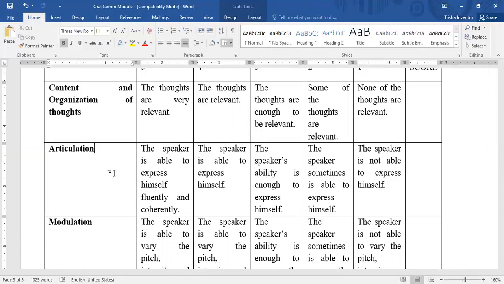All right. So your articulation is the way you speak, the way you express yourself. Is it fluent enough? Or maybe you cannot speak English fluently? Okay, even me, I stutter.